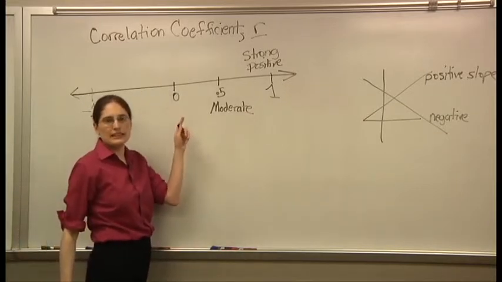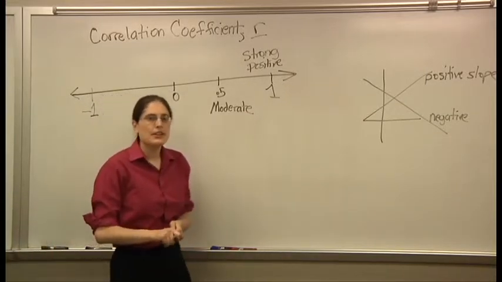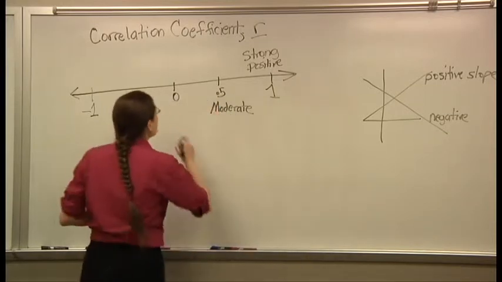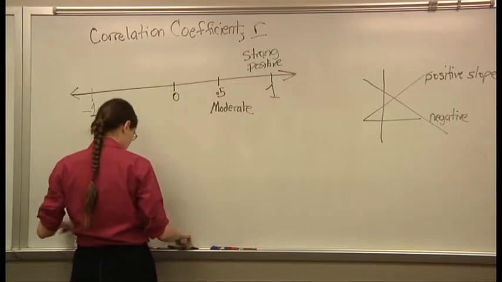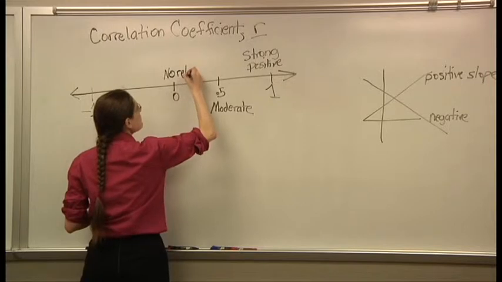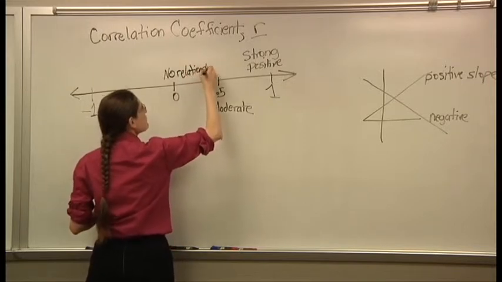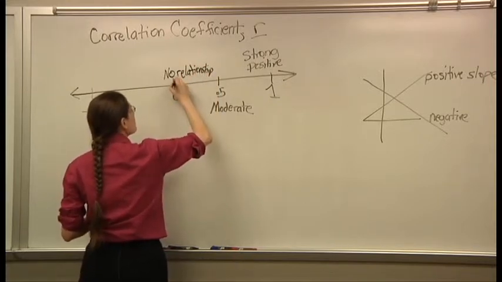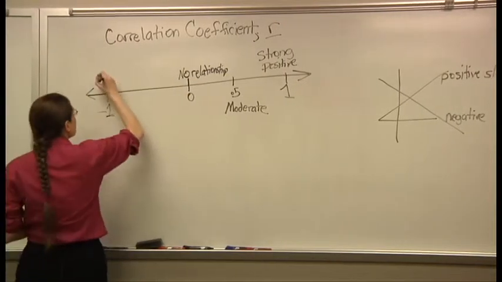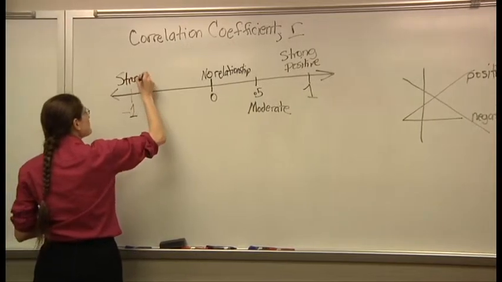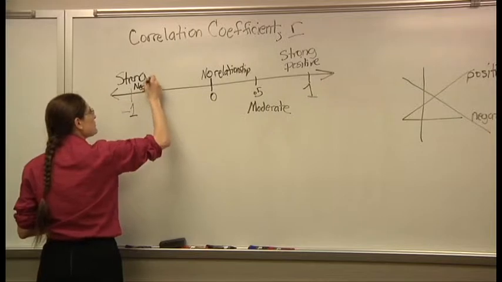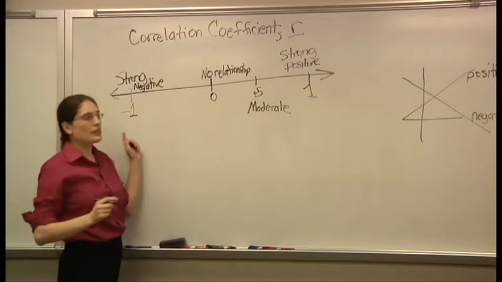If it's close to 0, then there's probably no relationship. And if it's close to -1, it's strong and negative.